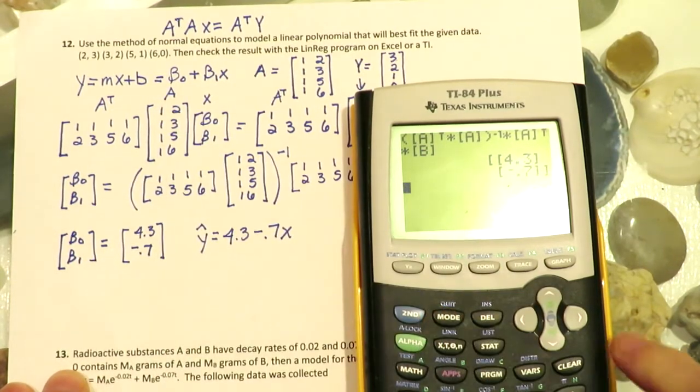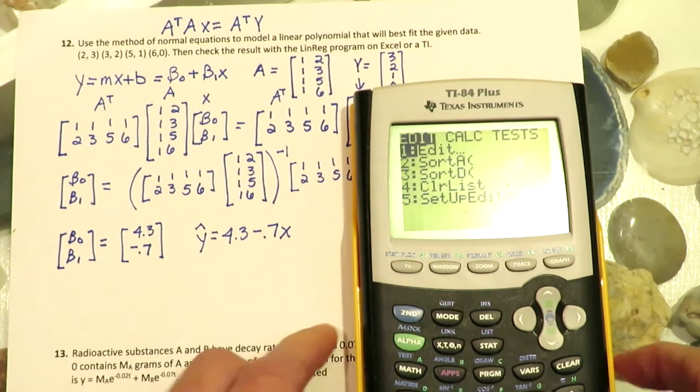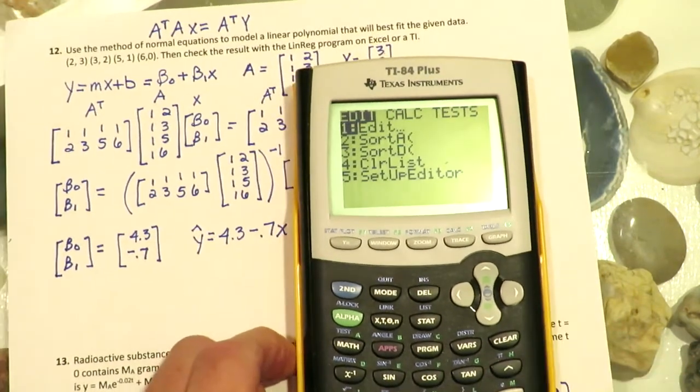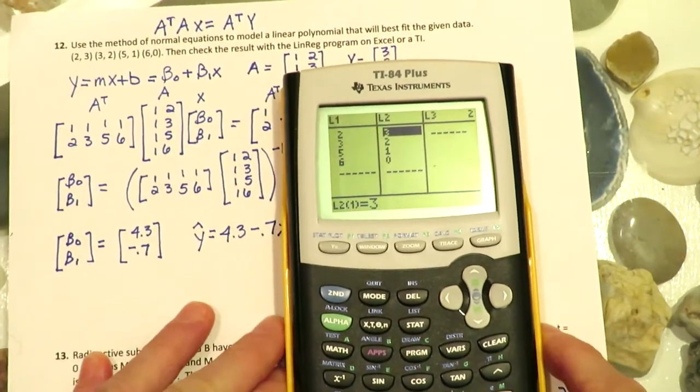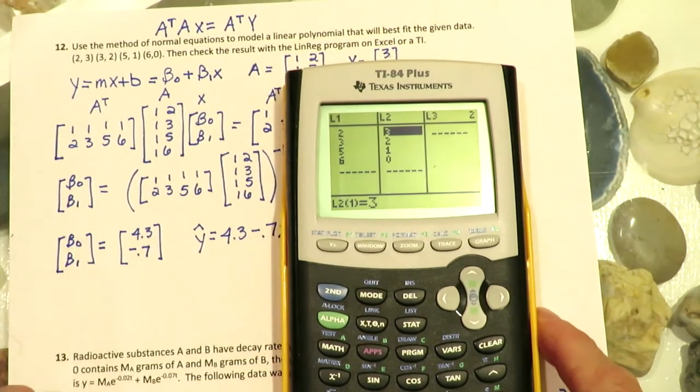Now, interestingly, if you have taken a statistics class or maybe a college algebra class, you might have looked at this topic from a statistics point of view. I have put the data into the graphing calculator, and you could put the data in Excel also and notice the same thing.